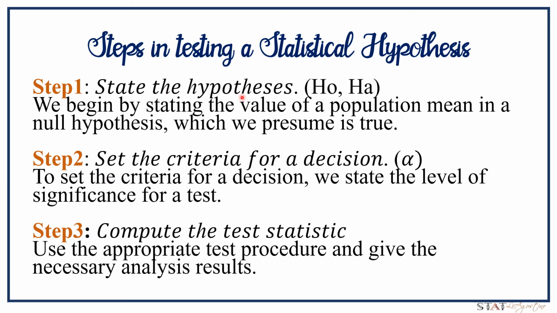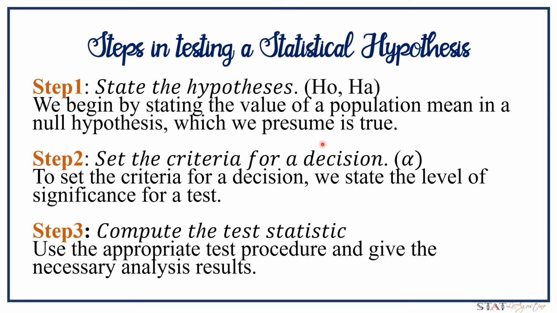That is the HO and the HA, or your null hypothesis and your alternative hypothesis. We begin by stating the value of a population mean in a null hypothesis, which we presume is true. We can use any parameter depending on our problem, but commonly we use the mean, or mu, the population mean.